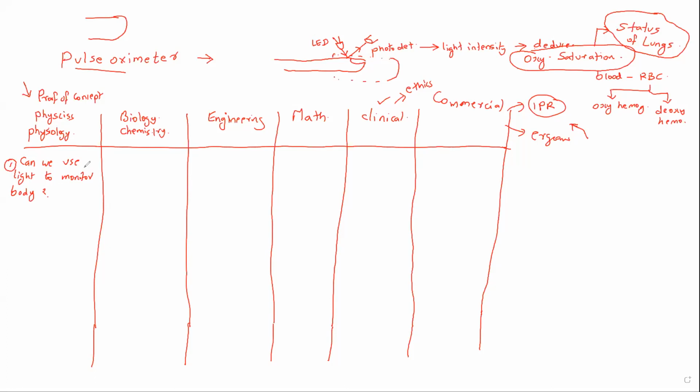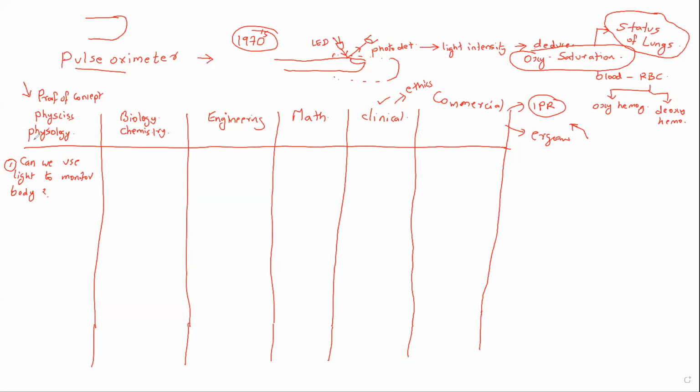So they have reasons for asking this. You have to look at the history, right? So why light? These are the questions that they asked. So somebody asked, why don't we use light? Then someone else will ask, why do you want to use light? Why not ultrasound? Why not X-ray, which was invented before that, right? This was invented around the 1970s, I guess. So there are so many questions that we can ask. Fundamentally, we are asking whether we can use light to monitor the body.